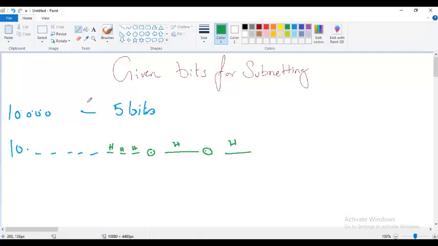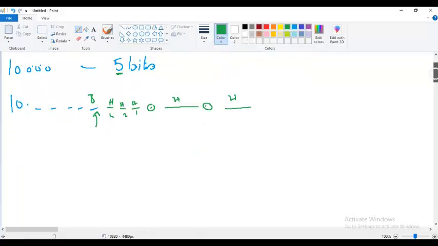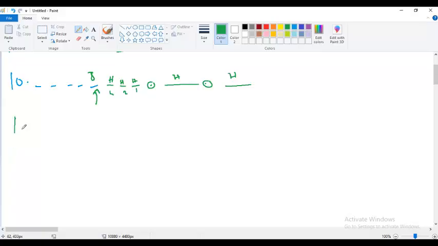Now you need to see the decimal value of this place. This is 1, this is 2, this is 4, this is 8. So the fifth bit is 8, which means the increment is 8. Your first network is 10.0.0.0 as usual.